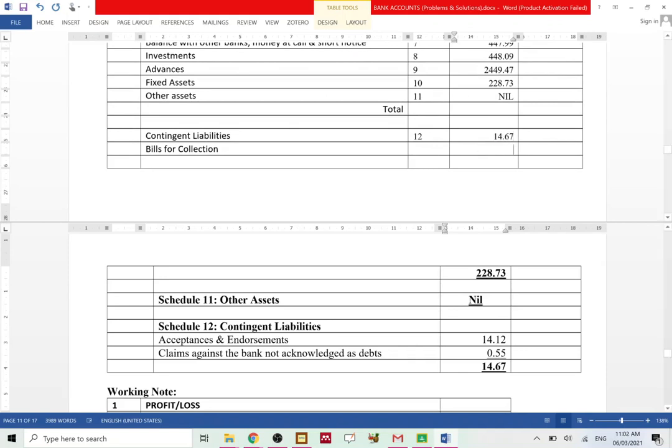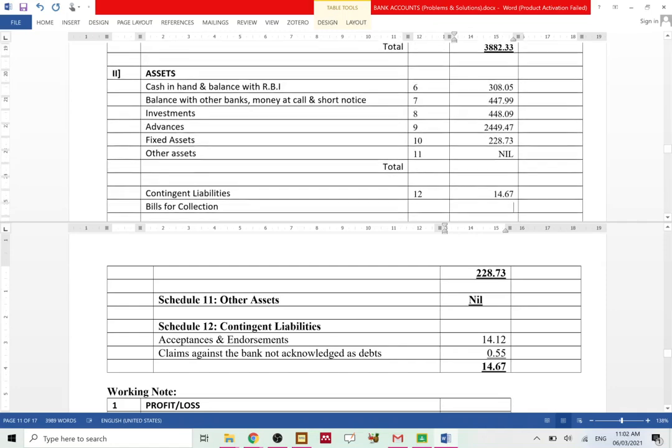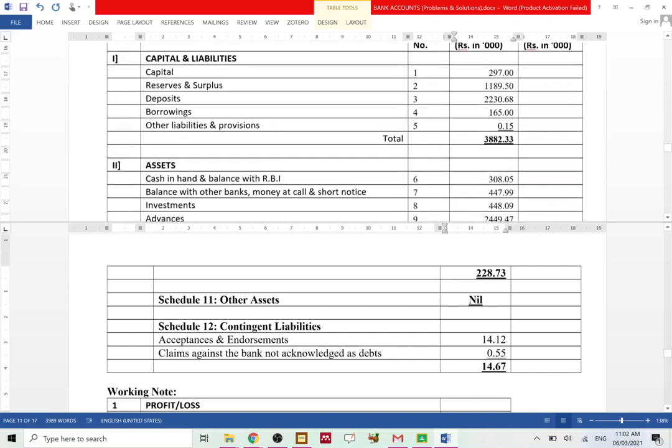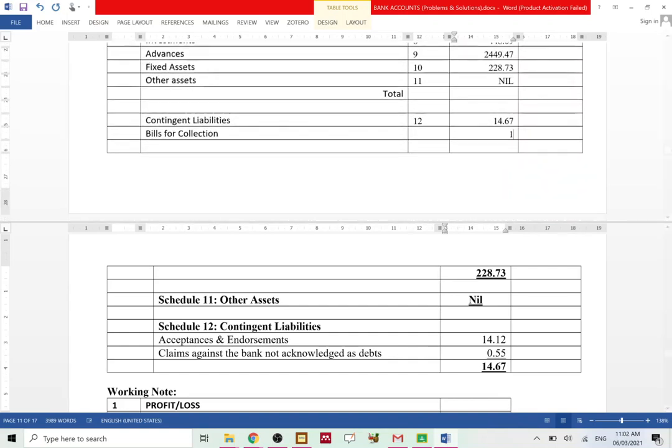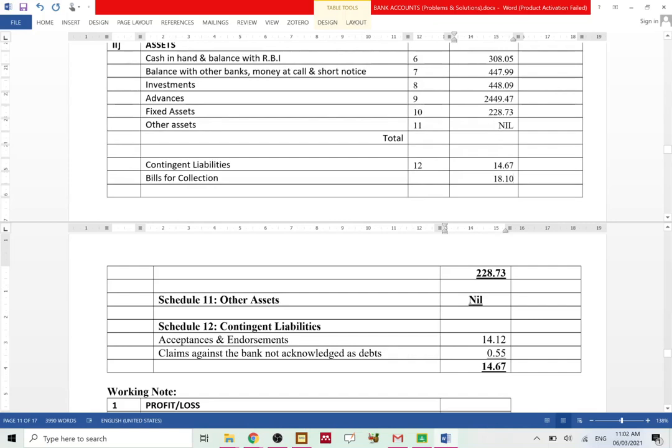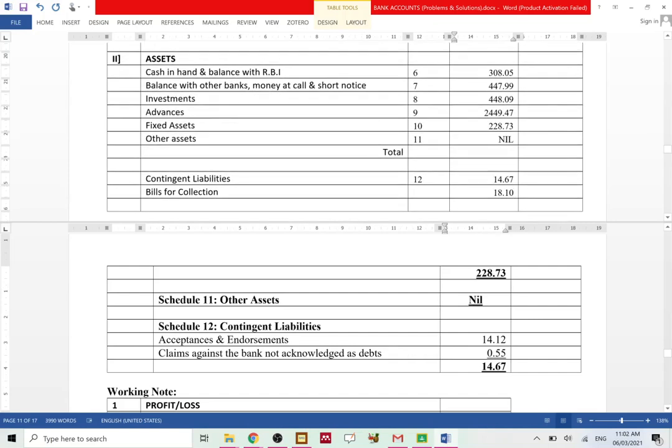Done. Now one amount remaining here, of course it doesn't get included in the calculation of your total assets, but it's just a separate amount that needs to be shown in the problem. Bills for collection 18,10,000, so 18.10. Right. These two will not appear or not be added up to the total ever. We just need to get the total only up to this point, right?